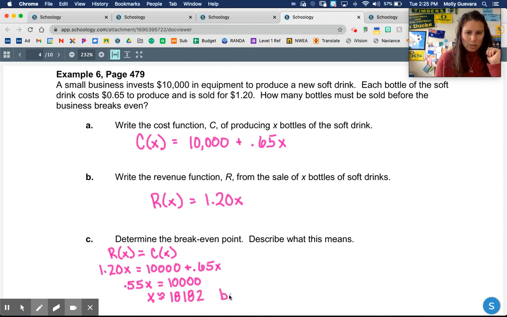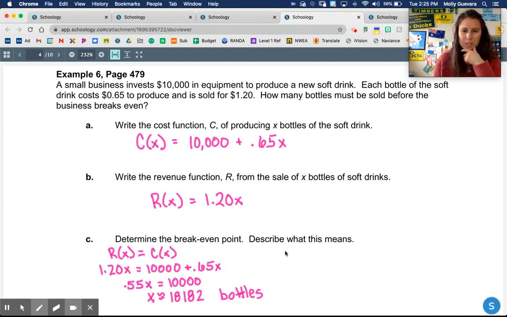18,182 bottles. Right? So remember that when we're talking about physical objects, we always round down, because 0.3 of an object is not a full object. And so you're just wanting to know how many whole objects there are. And then it says describe what this means.